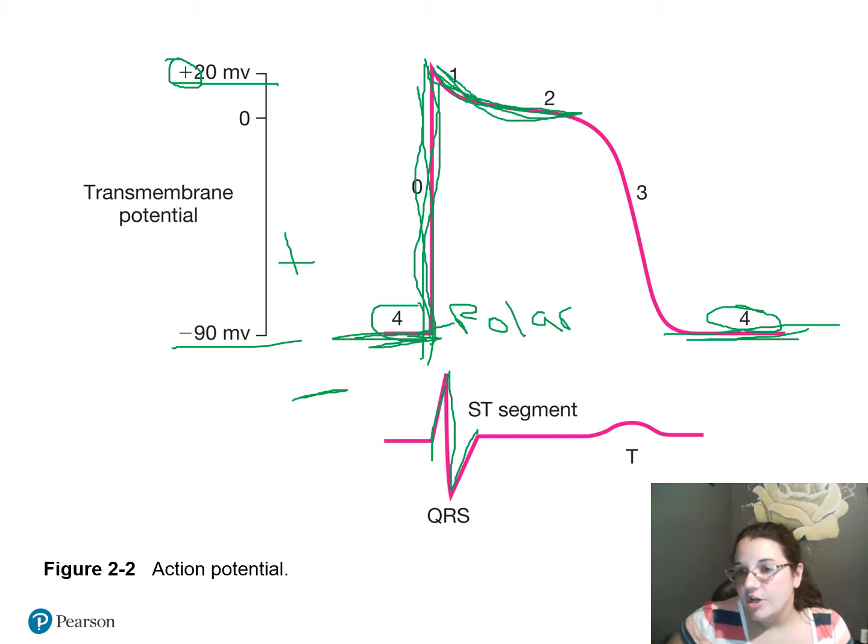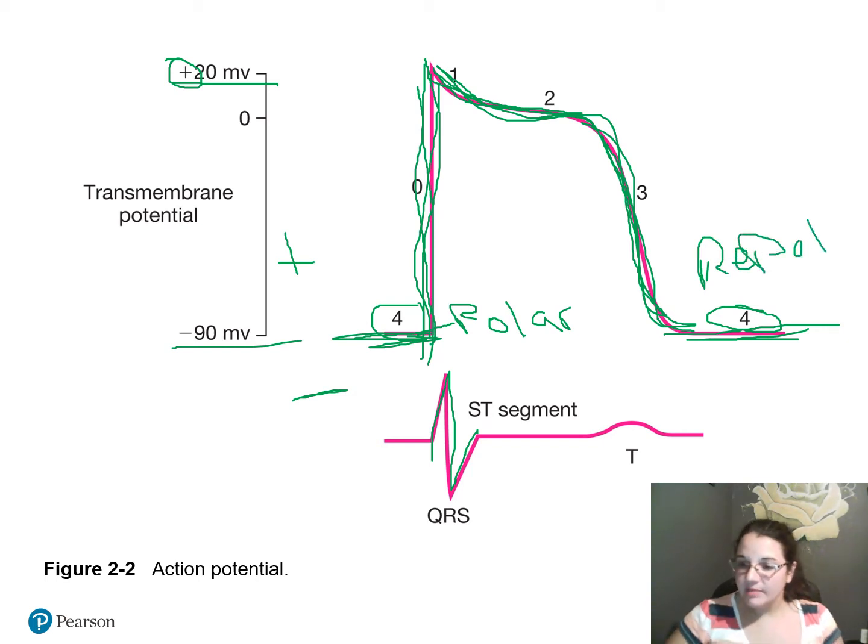And then we're going to go into rapid. It's like a roller coaster. It drops down super fast. Repolarization, my sodium potassium pump. And I'm going to wind up repolarized. Okay? So this mimics your EKG rhythm that prints out.